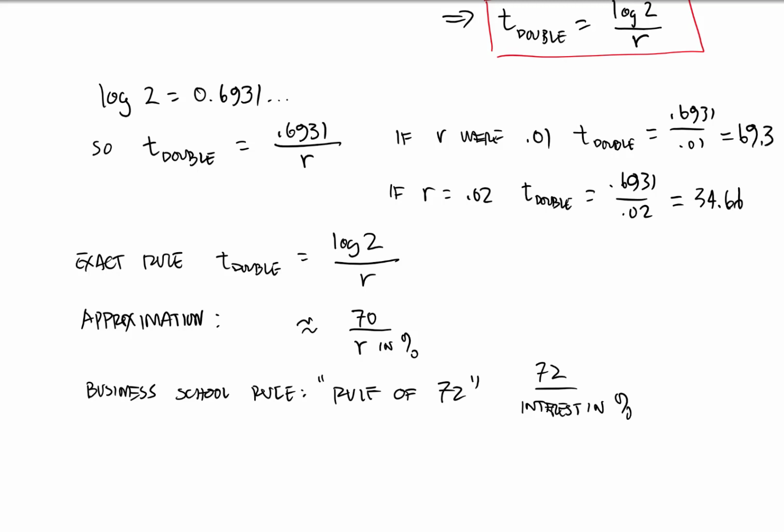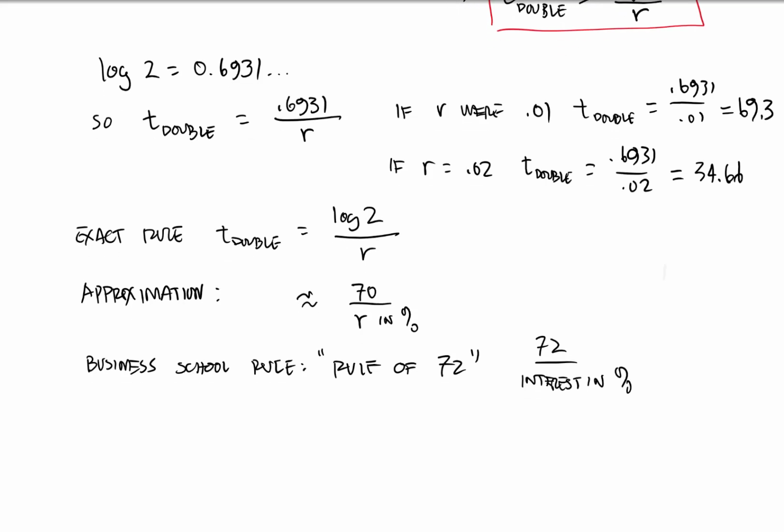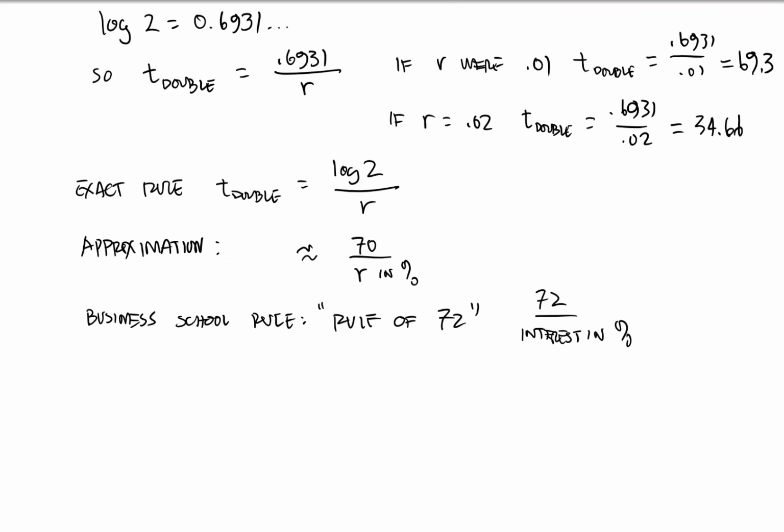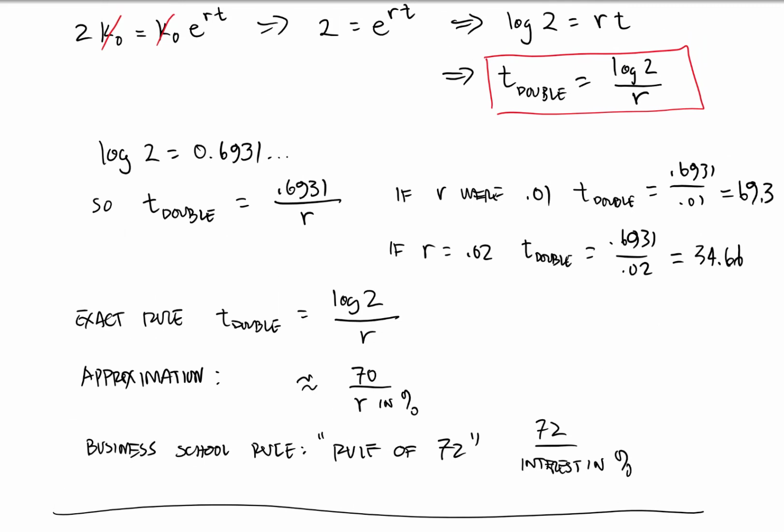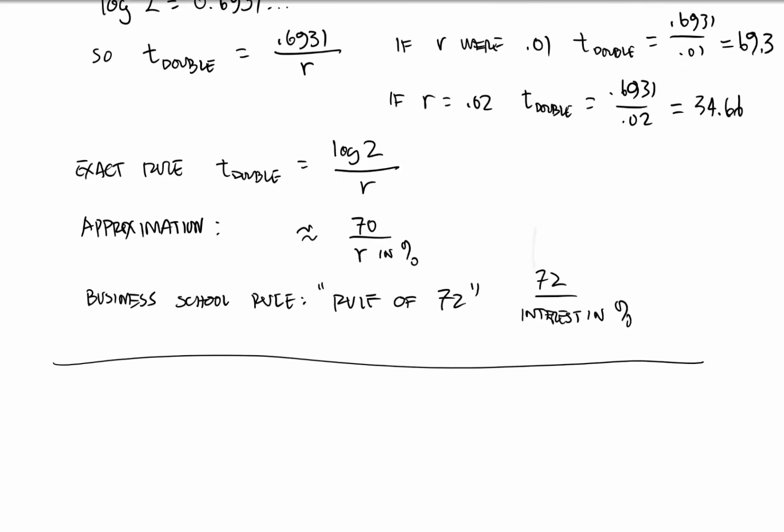So in business schools, this rule of 72 gets you close. It's the kind of calculation you can do very quickly. We don't have to do it quickly like that. We can remember it's 0.6931, the logarithm of 2. So that is our simple rule. The exact rule is this logarithm of 2 divided by the growth rate R.